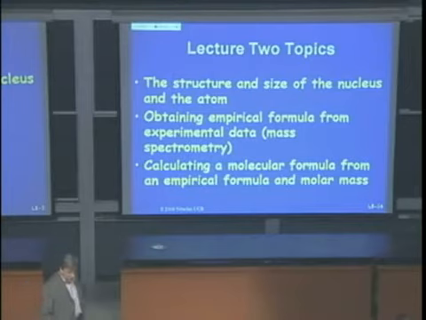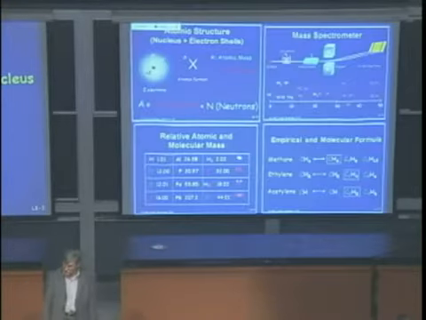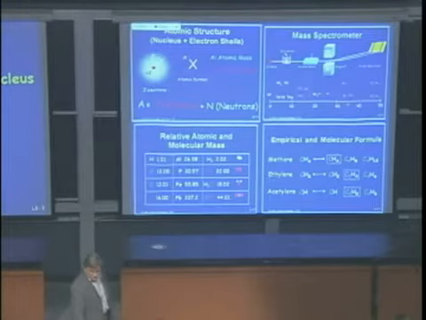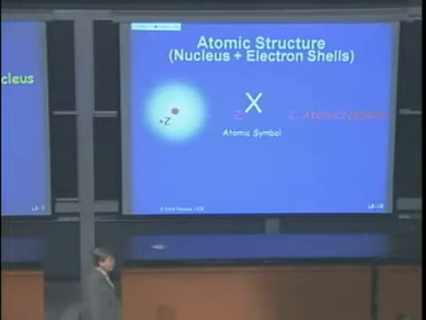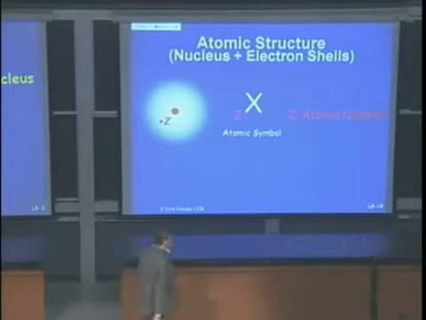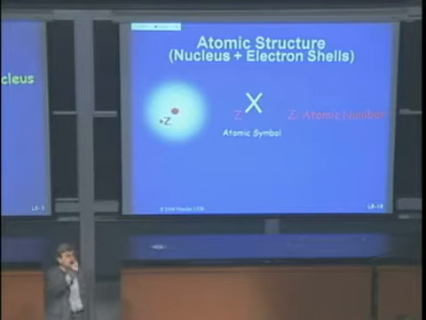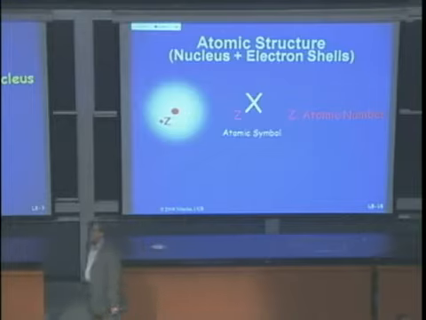Lecture 2 topics. We have talked about the structure and the size of the nucleus and the atom. So we know that the nucleus is positively charged. Why is it positively charged? The protons have a positive charge. And what else do we have in the nucleus? Neutrons. They are neutral.